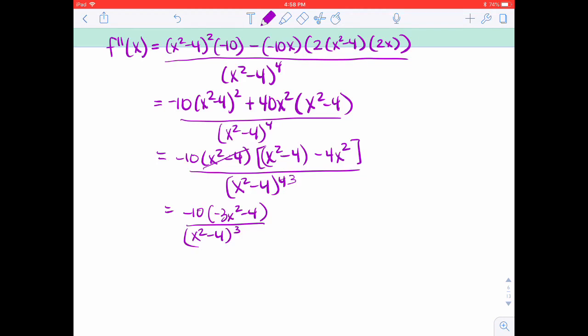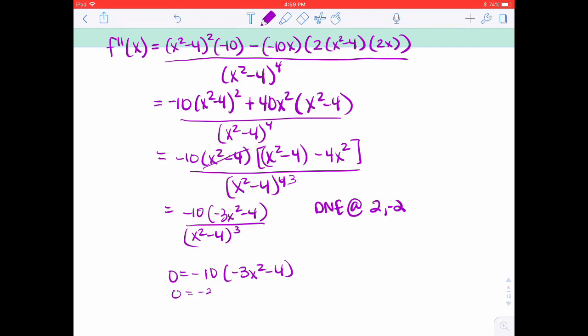All right, so now we need to find our critical points. Where does it equal 0 and where does it not exist? So it does not exist at 2 and negative 2 because that's where our denominator would be 0. And where does this equal 0? So negative 10 times negative 3x squared minus 4.